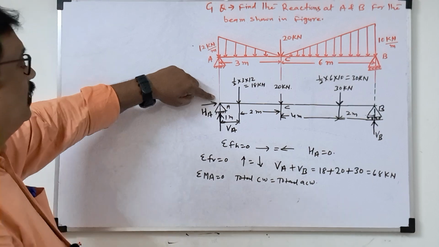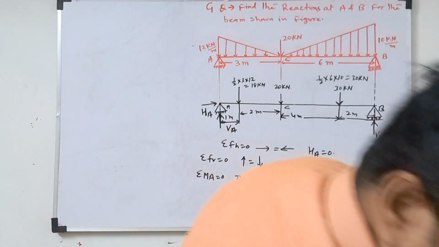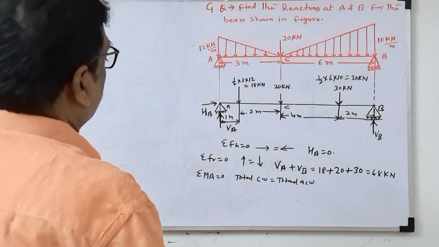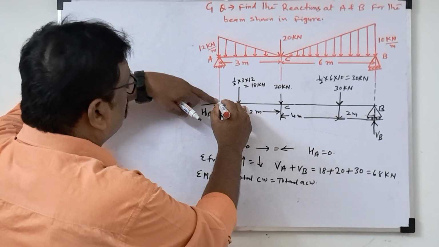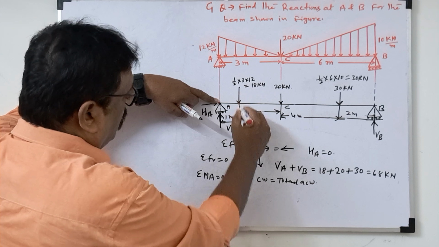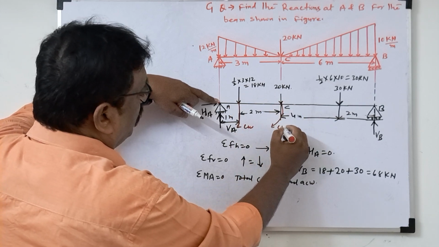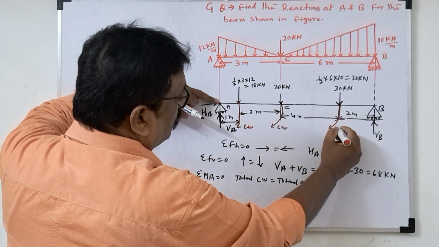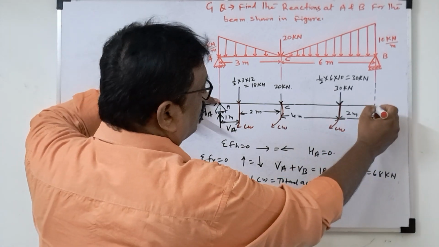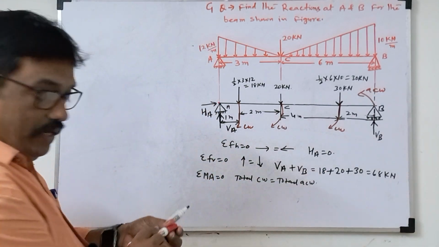As you know, moment is nothing but force into perpendicular distance. So see this rotation from A point, these rotations will be clockwise. VB rotation will be anti-clockwise.